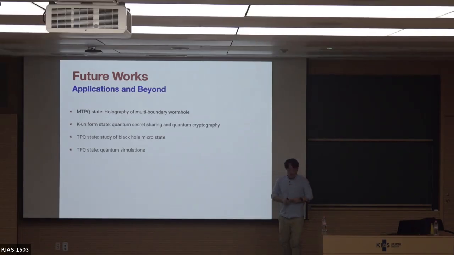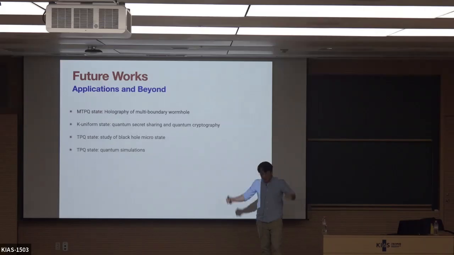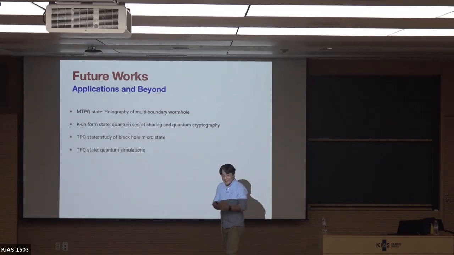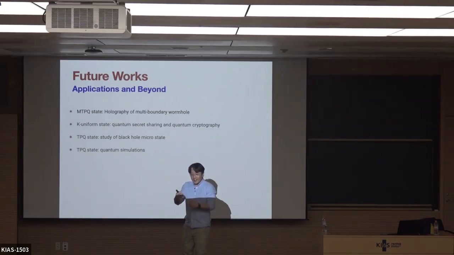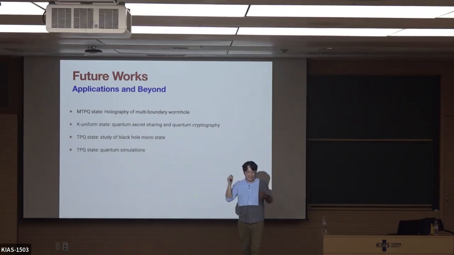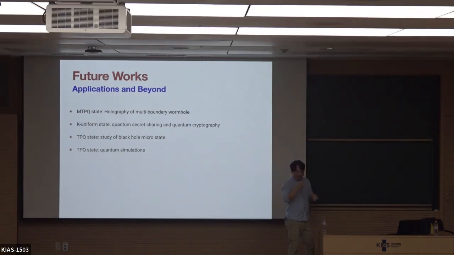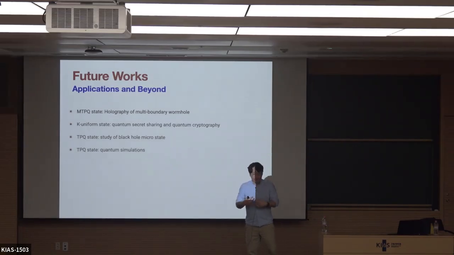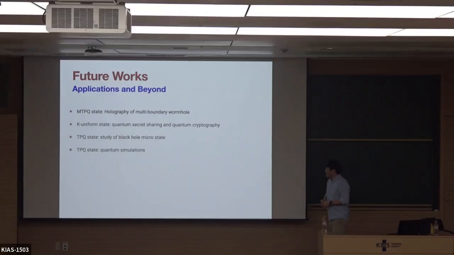Let's say you have a 3 uniform state and then you have, like, 7 subsystems. If two subsystems meet each other and share the information, they cannot extract any useful information, because the reduced density matrix of the 2 is a maximally mixed state. At least for 3 uniform states, 4 parties should meet each other or communicate to get the useful information. So that's why this is probably very useful for quantum cryptography.